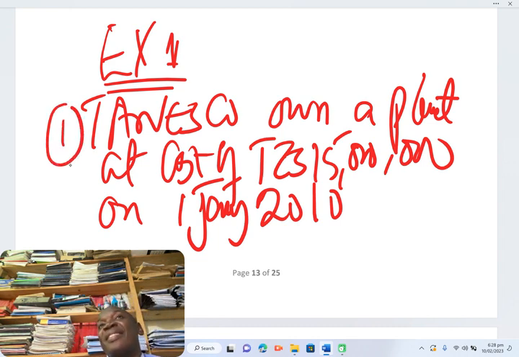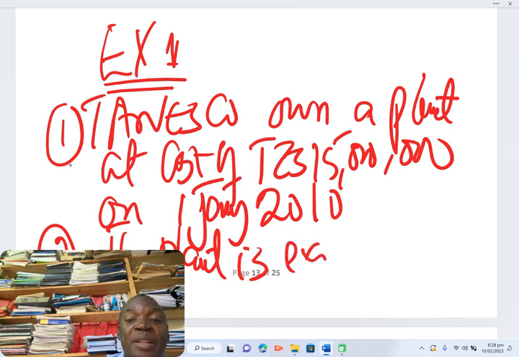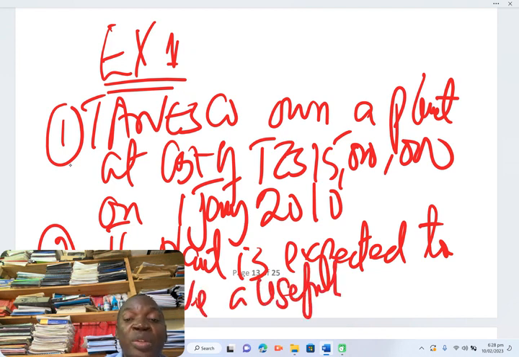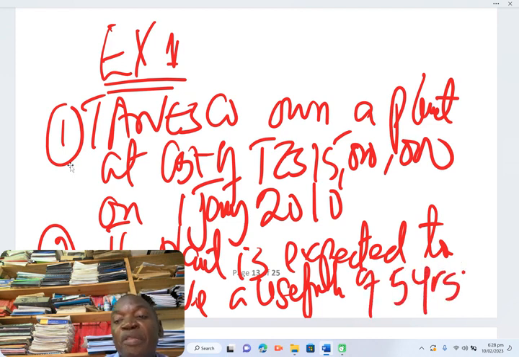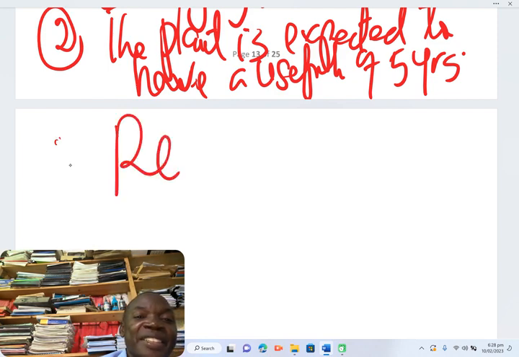Kesi ya kwanza. Mona, namba 2 anasema the plant is expected to have a useful life of how many? 5 years. Duty. So, number 3 required.